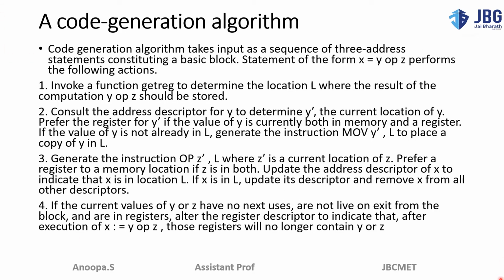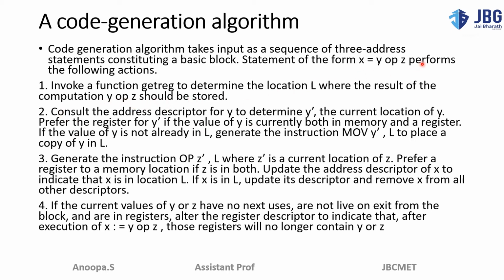Now we'll see a code generation algorithm. It takes as input a sequence of three address statements constituting a basic block. We had discussed what basic blocks are. For a statement of the form x equal to y op z, the following actions are performed. First, we must invoke a function getRegister to determine the location L where the result of computation y op z should be stored.